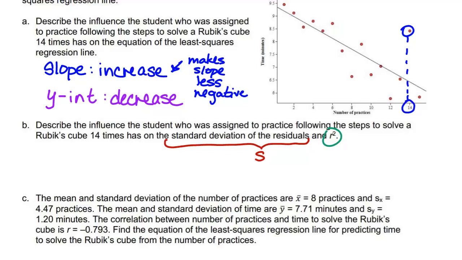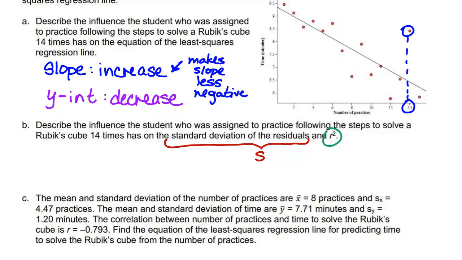Talk to me about the size of this residual versus the size of, say, this residual. What would the size of this residual be in comparison to this one? It's a lot larger, right?